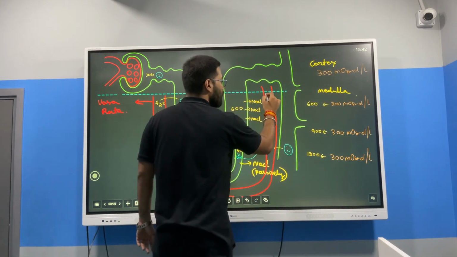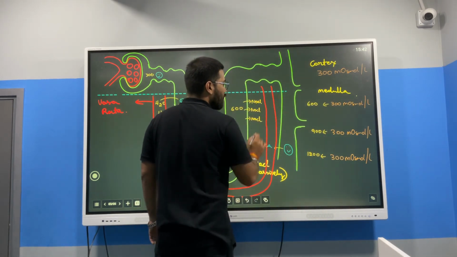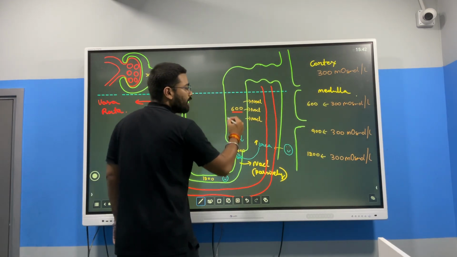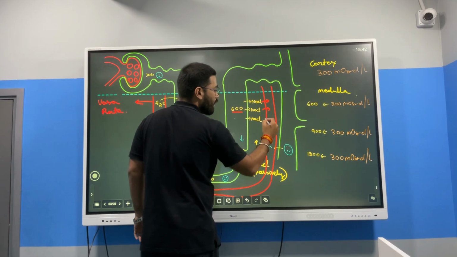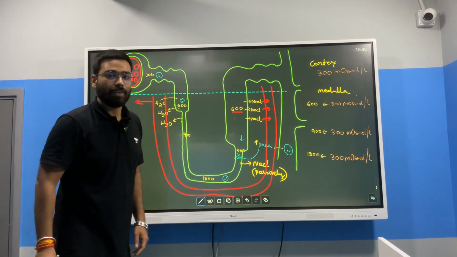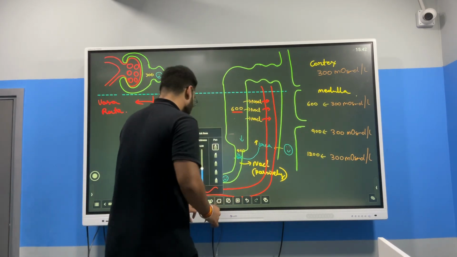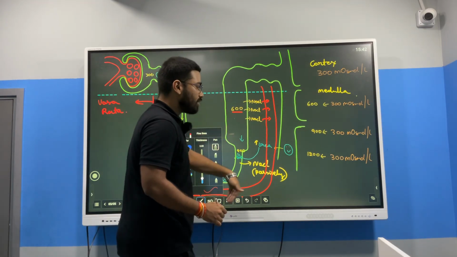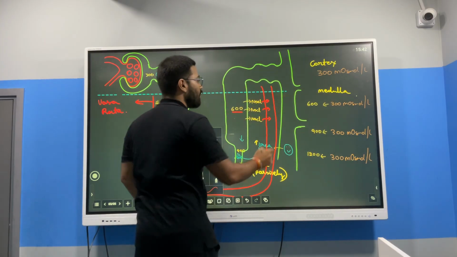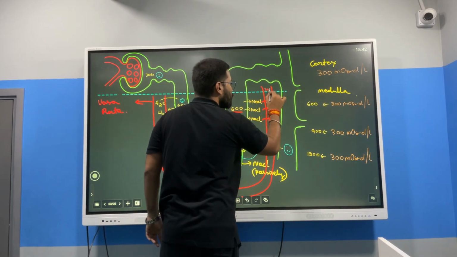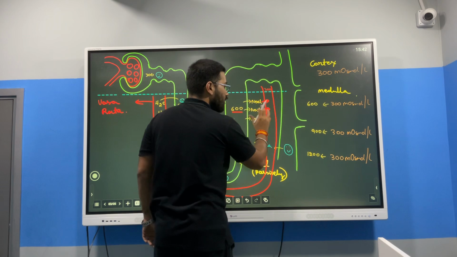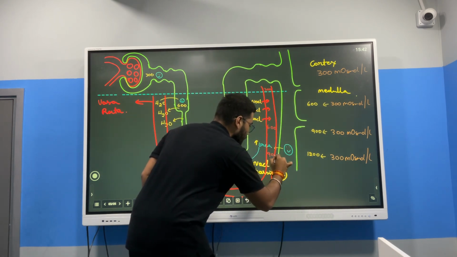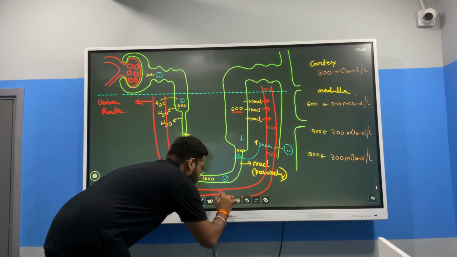Now what will happen? We all know the vasa recta, what is their osmolarity? 300. So all the NaCl which was released from this place again goes back into the vasa recta. So the osmolarity of the blood in the interstitium of the inner medulla, first it will be 300, of course, when it came. Then as NaCl comes, it will increase to 600, then 900, then 1200.